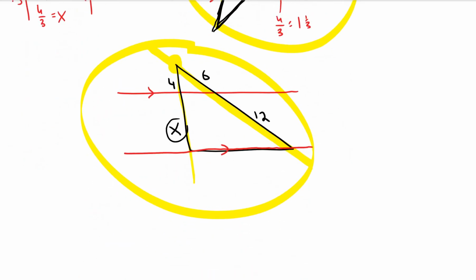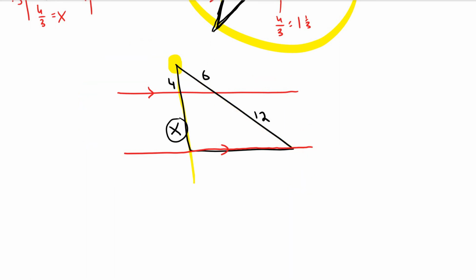So I want to find out what x is. Okay, let's see. Again, we will take this transversal here, and I will go the 4 on top, I suppose, and the x on the bottom, and that equals the 6 on top, the 12 on the bottom.